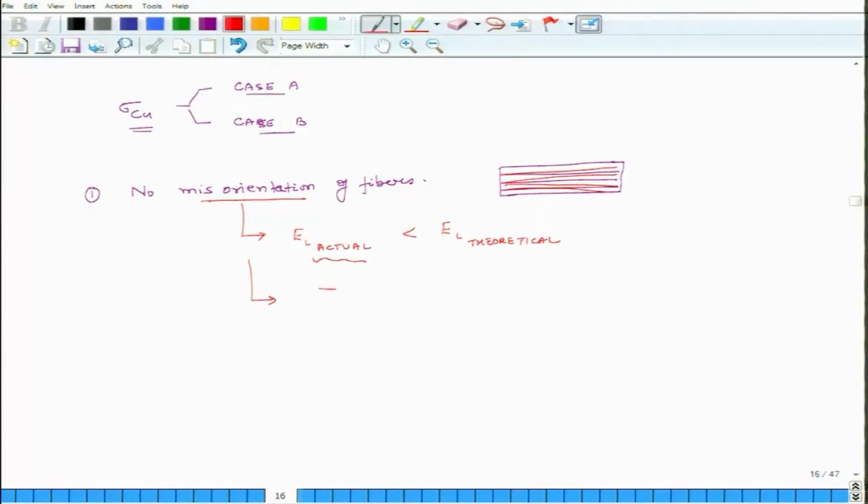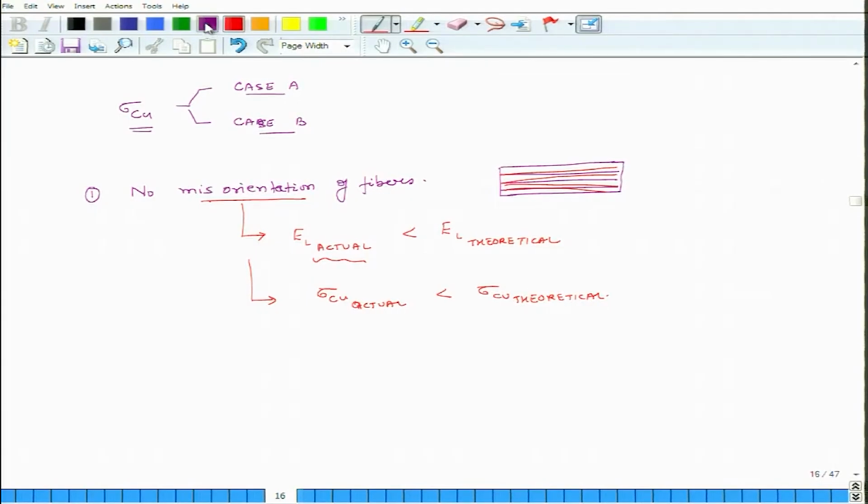So, because of that, the strength sigma Cu actual will be somewhat less than sigma Cu theoretical, because the loading also. So, first thing is modulus will be less, second is strength will be less, because the loading will be more complicated, there will be a shear element and things like that. So, this is one thing.